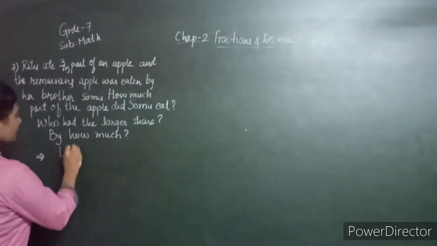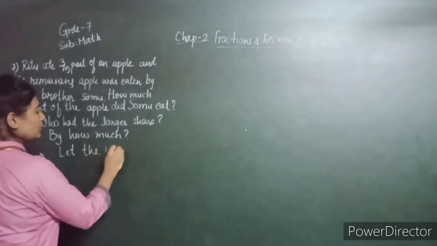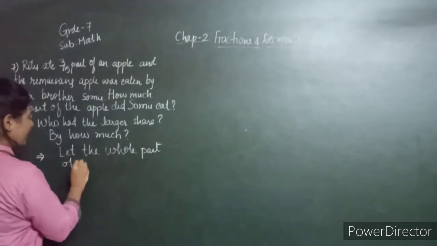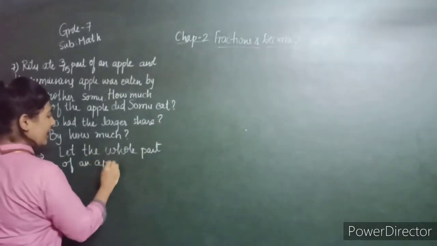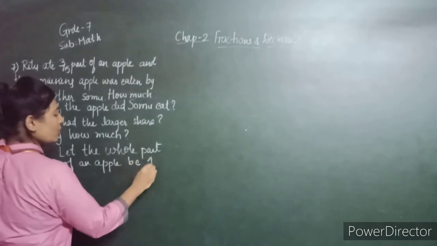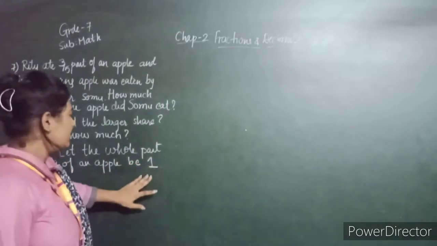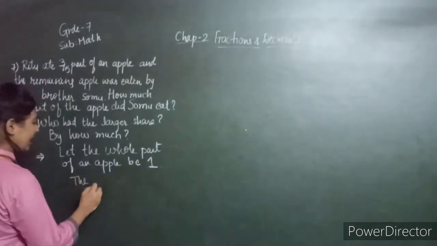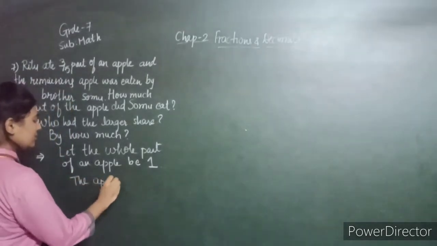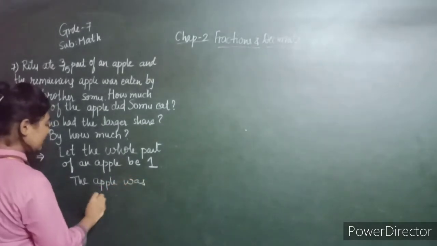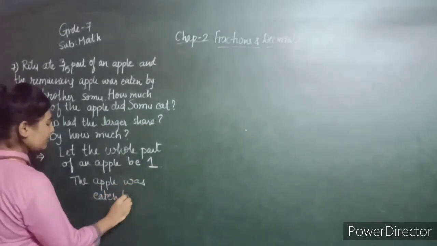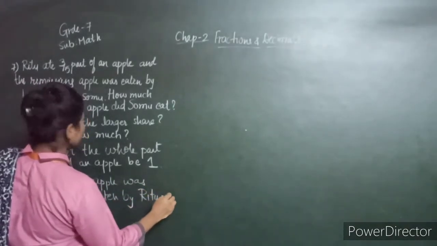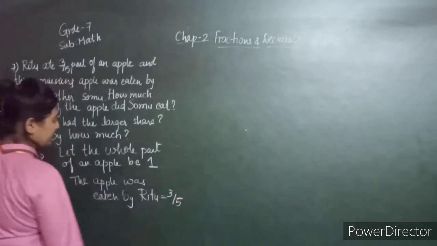So here, what we have to do first, we have to assume that let the whole part of an apple be 1. So first of all, the whole part is 1 and the part of the apple eaten by Ritu is equal to 3 by 5 part.